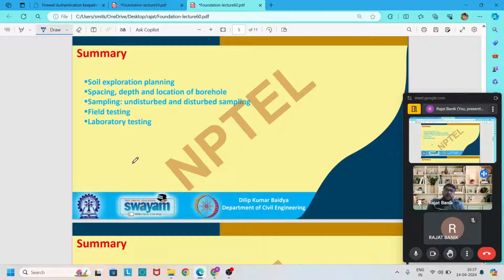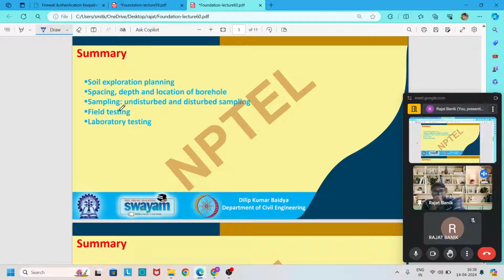And we study different ratios like the area ratio and clearance ratio, which help to design the sampler for extracting an undisturbed sample from the ground.